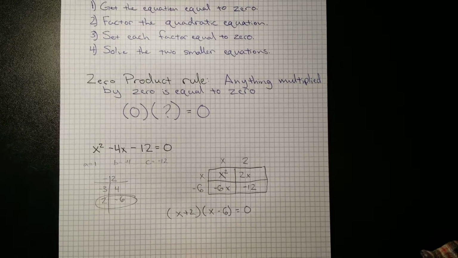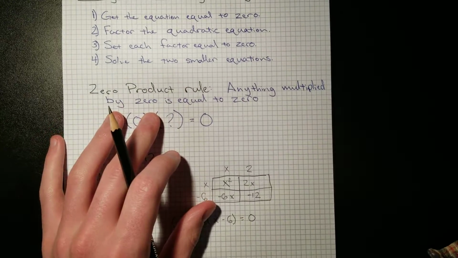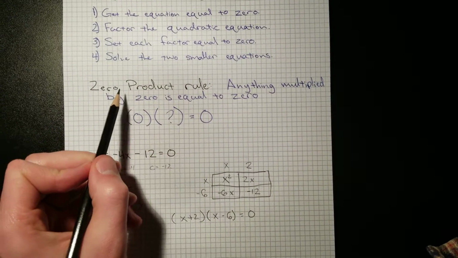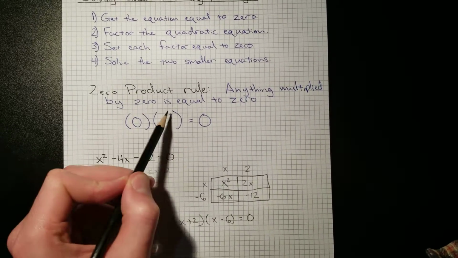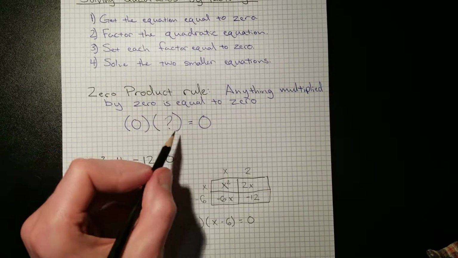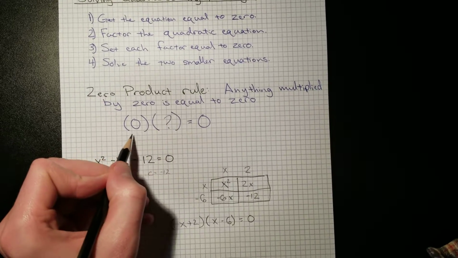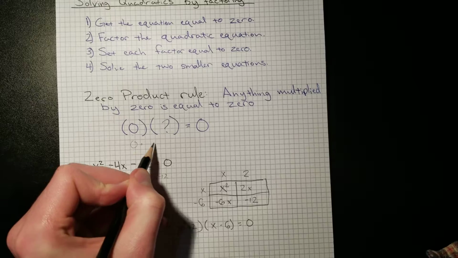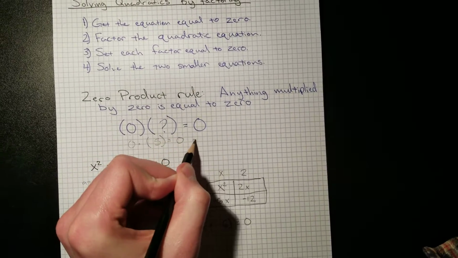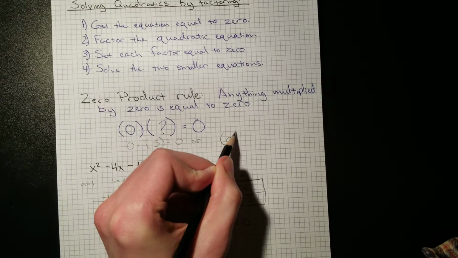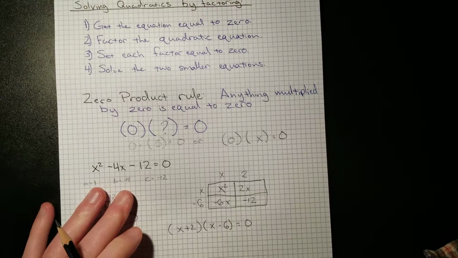Now we're going to move on to step 3, set each factor equal to 0. The reason why this works, we have something called the zero product rule, which just says that anything multiplied by 0 is equal to 0. So 0 times, doesn't really matter what's in here, equals 0. That's the same as like 0 times 5, that's equal to 0, or 0 times x equals 0.